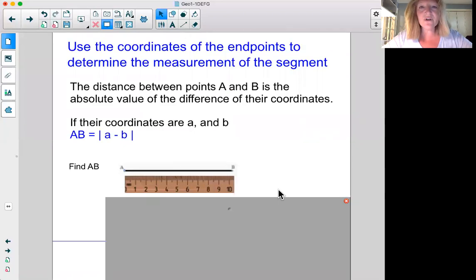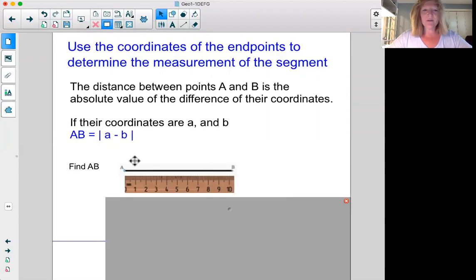Now we can use the coordinates of the endpoints to figure out the measurement of the segment. The way we figure out the measurement of the segment is we take the absolute value of the coordinates of the endpoints.